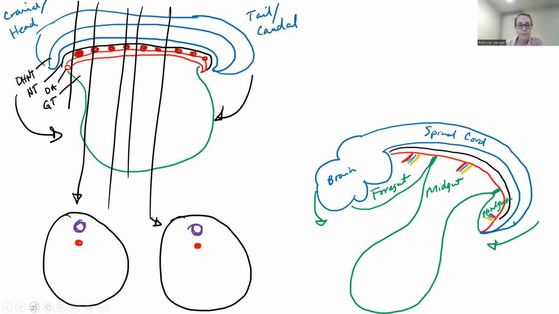Notochord up there is black. Dorsal aorta, dorsal aorta. Gut tube, gut tube. Because these are called transsegmental or continuous structures that go all the way from the head to the tail. That's why every cross section is exactly the same.